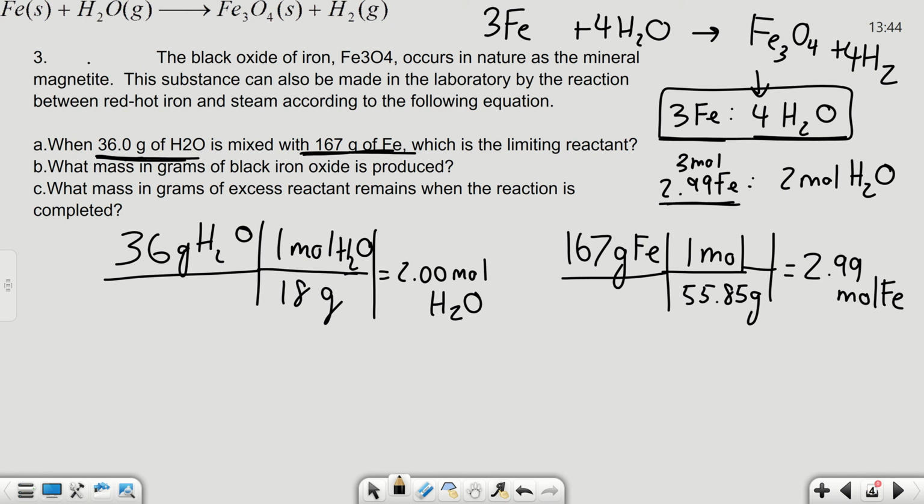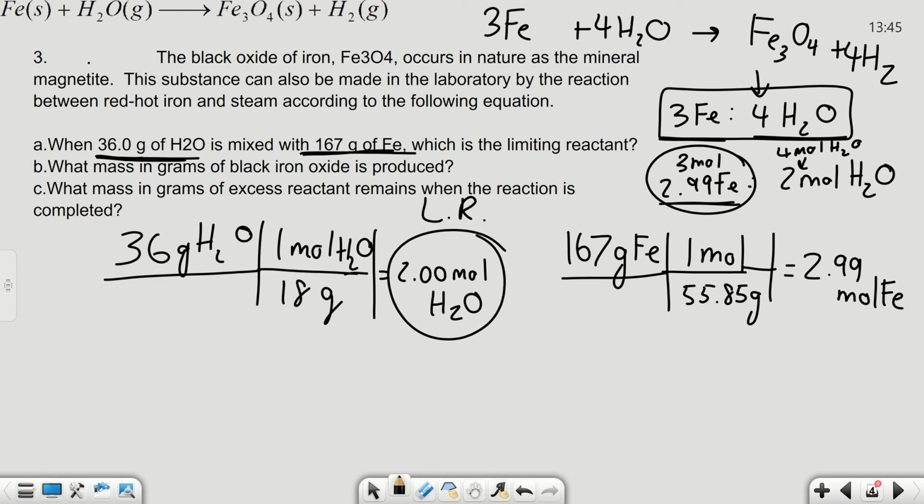So if this is 3 moles, in order to completely react this Fe, I need 4 moles of water. But how much water do I actually have? Only 2. So that's the idea of looking at the ratio and going, oh, because of the ratio it's not meeting the threshold, H2O must be my limiting reactant, which I often just abbreviate LR.